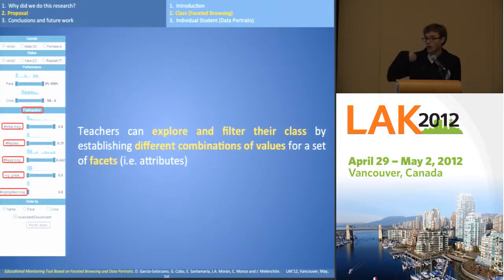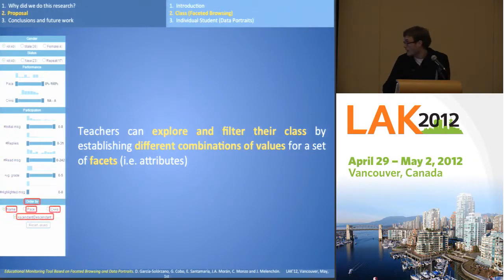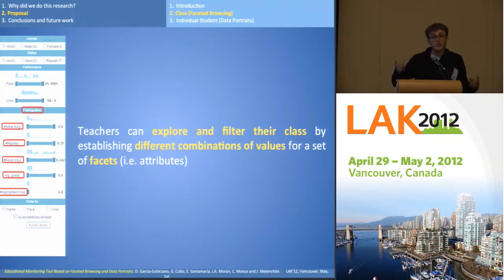We also have information about the participation of the students, and these subcategories are the initial messages, meaning how many conversations this student has started, the number of replies, the number of messages that he has read, and the average grade of the messages.